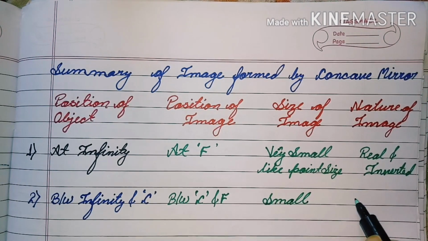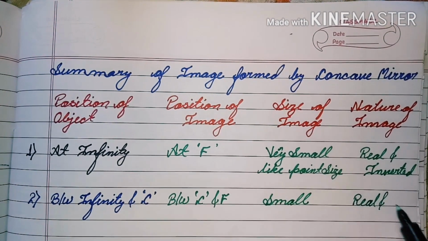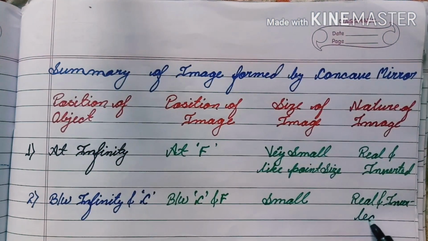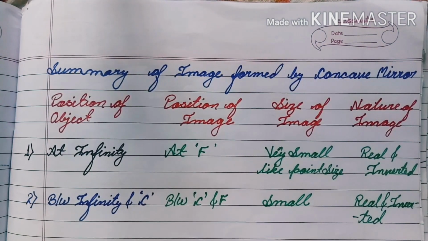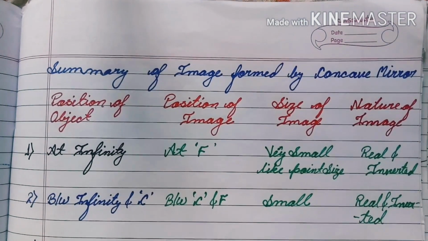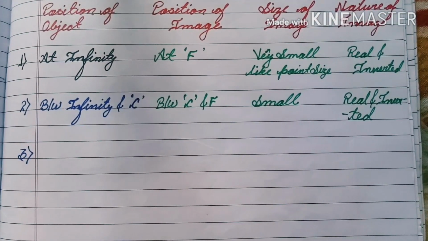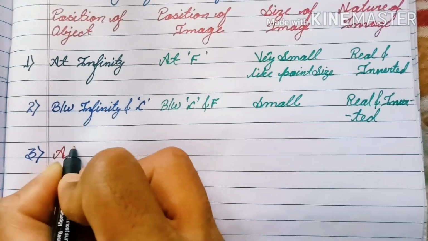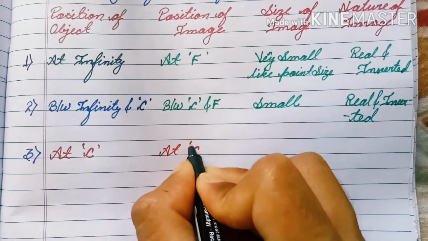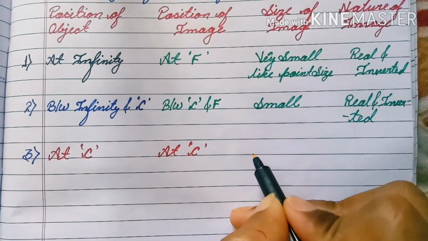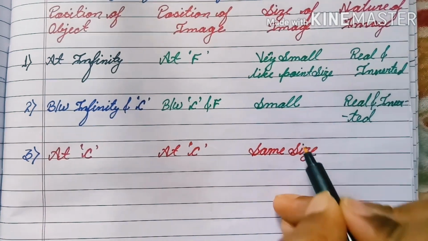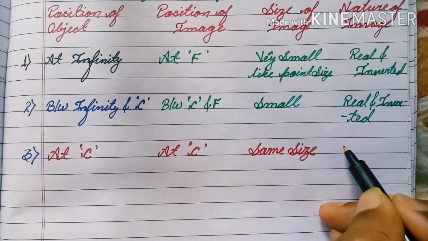Again the nature of the image is real and inverted. Now the third case is when we place an object at center of curvature, then the image is formed at center of curvature. The size of the image is the same size, and again the nature of the image is real and inverted.